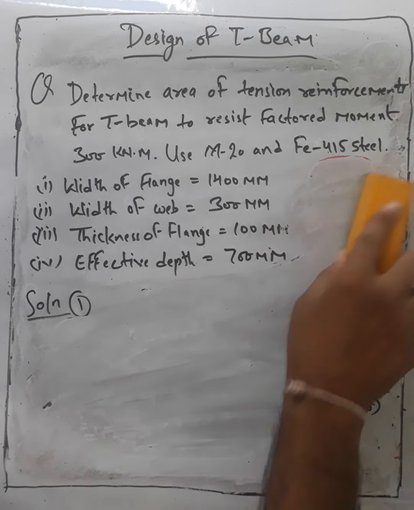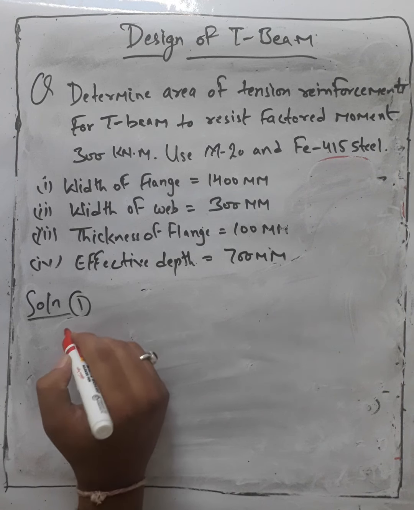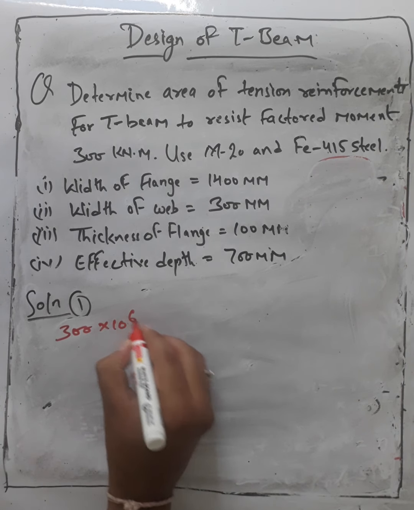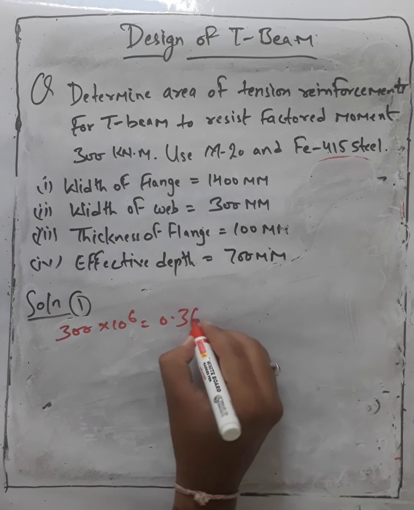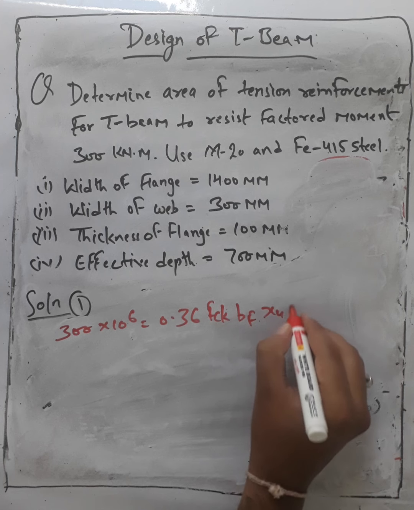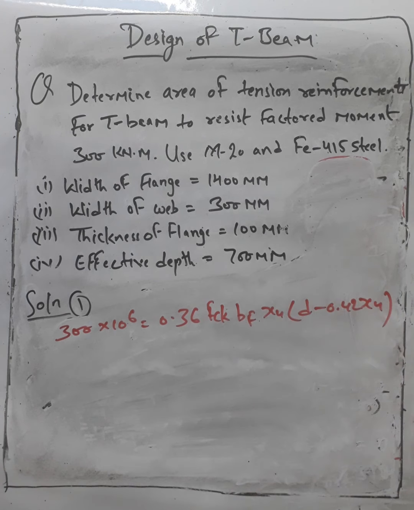So for finding the value of xu, we have to simply write the equation. Equation is moment of resistance, means 300 into 10 raised to the power 6, equals 0.36 fck bf xu (d minus 0.42 xu). You have to put values in this equation.